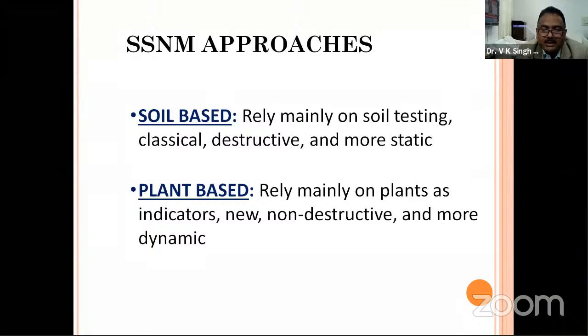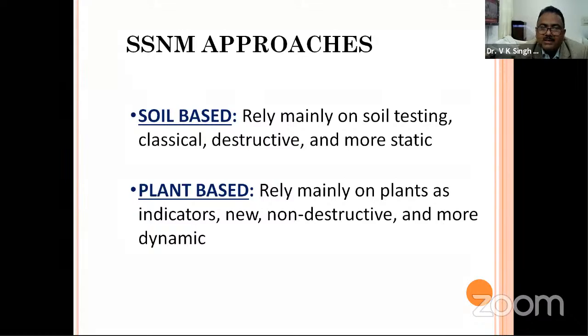Murthy, but not yet popularized among the farmers. The other approach is the plant-based approach. Here we go for some indicators, and using those indicators you apply nutrients. In sugarcane it is popular to some extent, but not much popular in other crops.